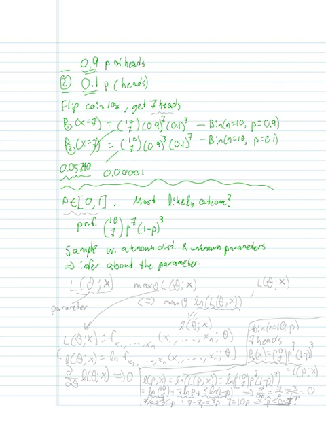So to do this, I'm going to introduce some notation that's called the likelihood function. So we write L of theta, where theta is the parameter that we want to estimate, semicolon x, because x is data from the sample that we already know.